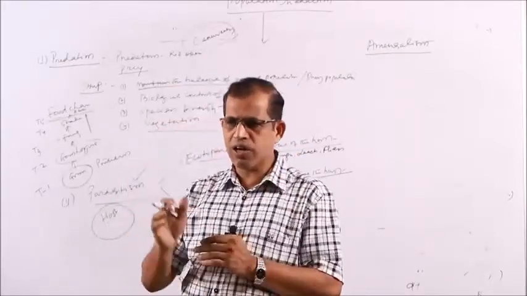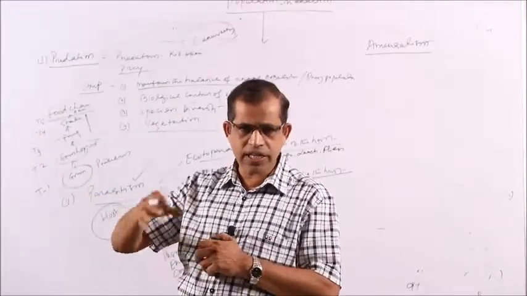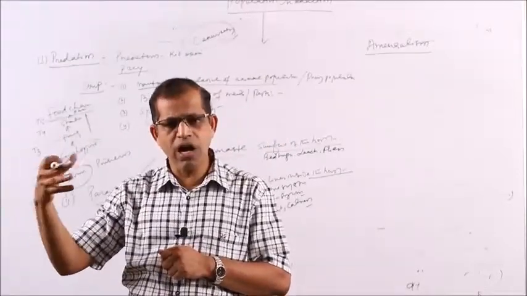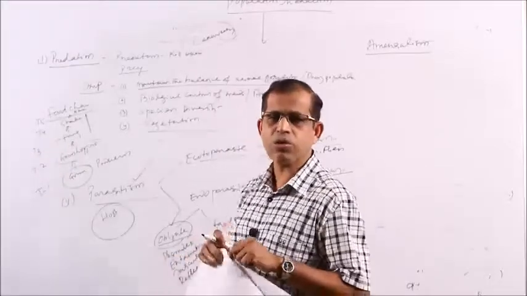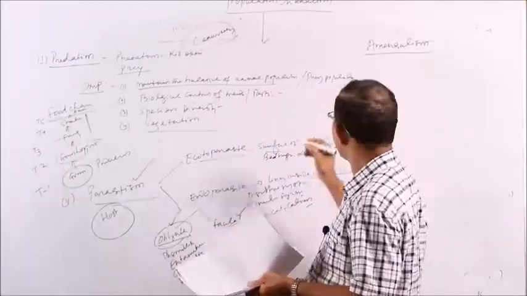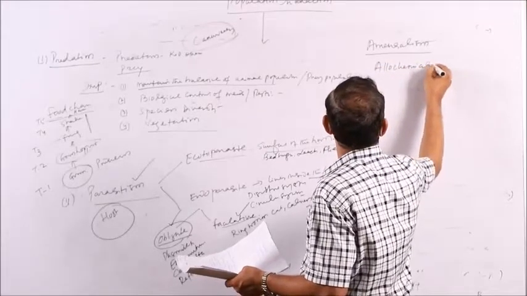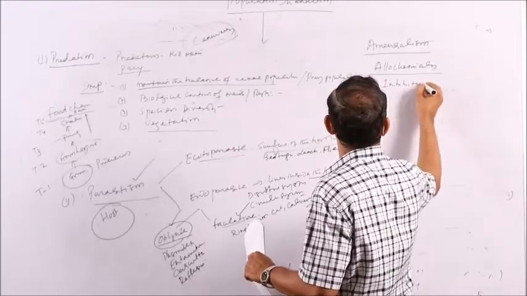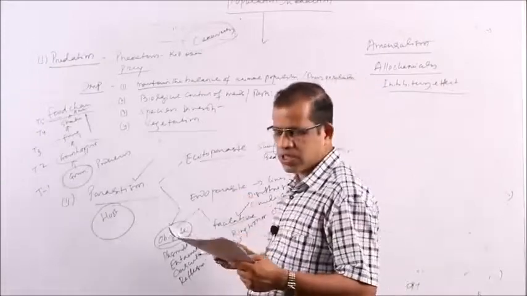I will not allow others to grow near me. That means that organism will inhibit the other organism. How? It will secrete certain chemicals by which the growth of the other organism is inhibited. They produce allelochemicals, which give an inhibitory effect by which the growth is controlled.